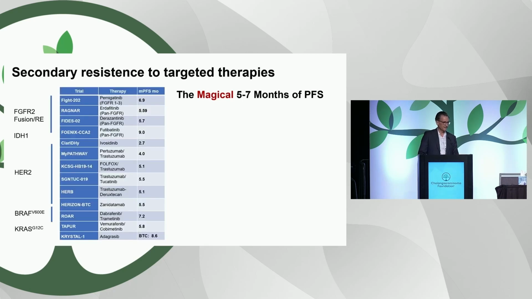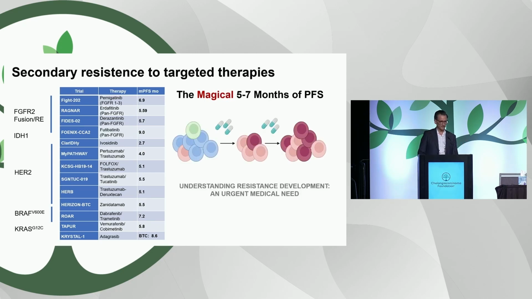And the other point, moving more to secondary resistance, is the observation: when we look at all the data that have been published, even the waterfall plots, they all look wonderful, of course, but we know that these responses are not long-lasting, usually around 5 to 7 months, and then whatever target we look at, HER2, BRAF, KRAS, or FGFR2, we do see secondary resistance mechanisms.